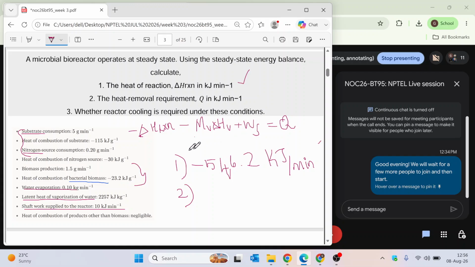And then your ws is the work done. So here the shaft work that is applied is 10 kilojoule per minute. Just apply this in the equation and find out the value of Q. If you have found out the value, please post it in the chat box. I have given you the values and the equation, you just have to substitute and give me the answer.